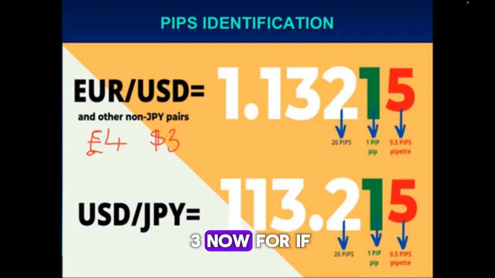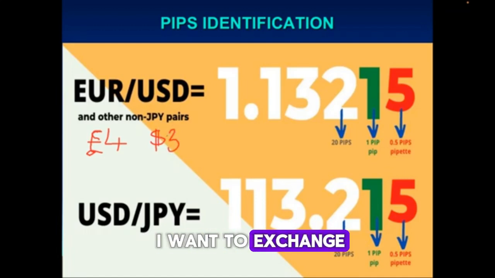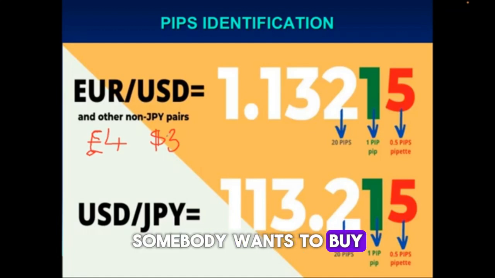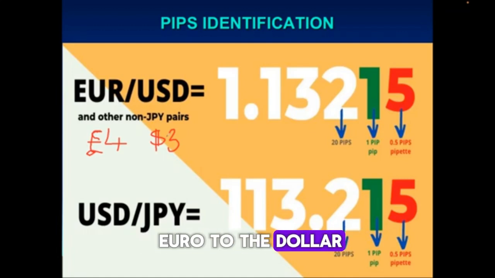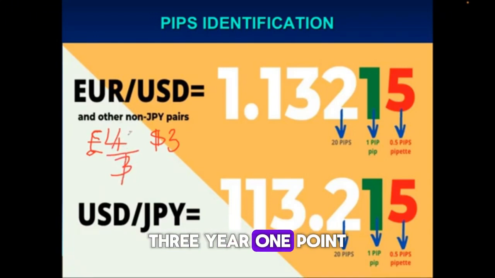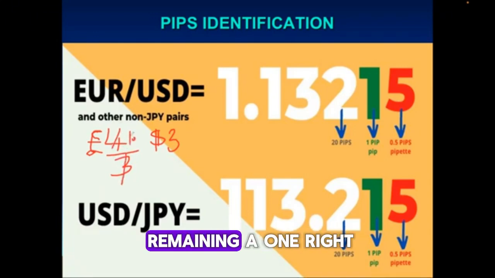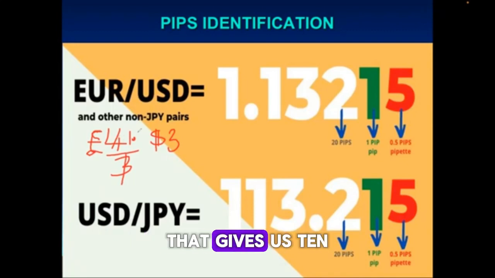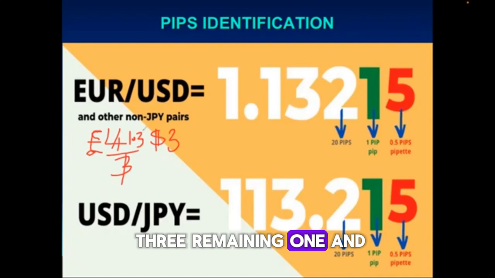Now, if somebody wants to buy Euro with the dollar, I'm just putting these hypothetical figures. If I divide 4 by 3, 3 goes into 4 one time with 1 remaining, that gives us 10, then 3 in 10 is 3 with 1 remaining, and this goes on.